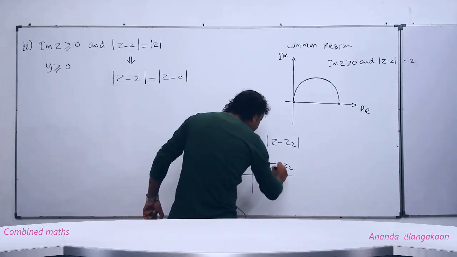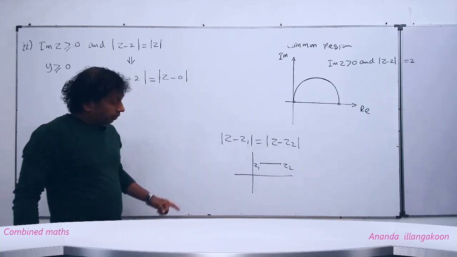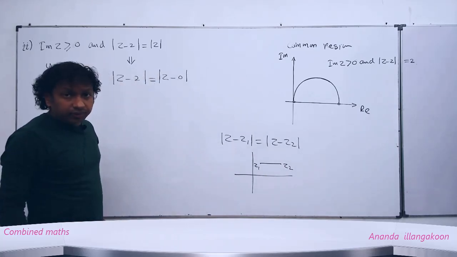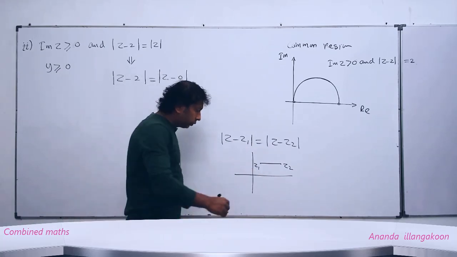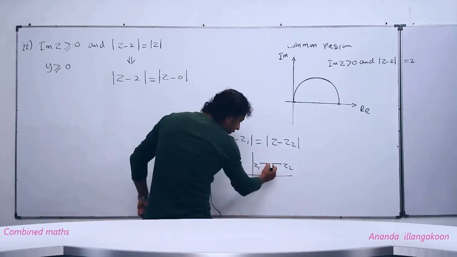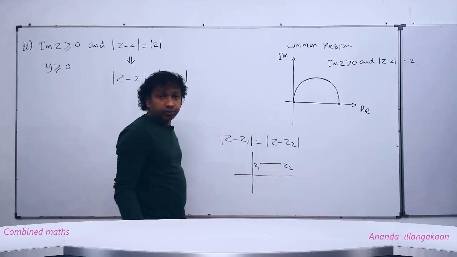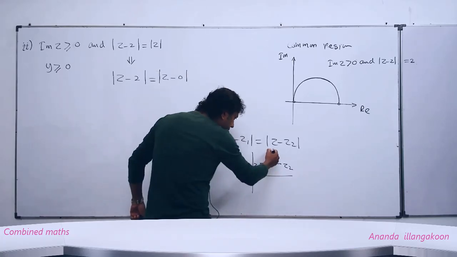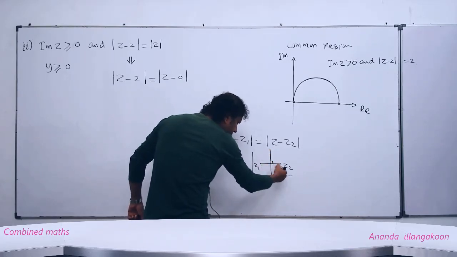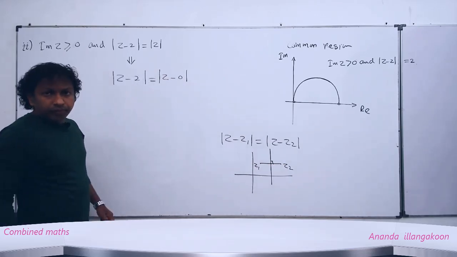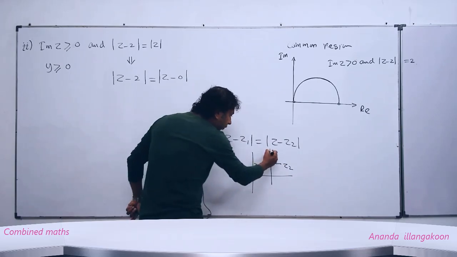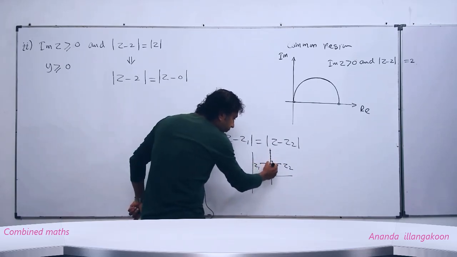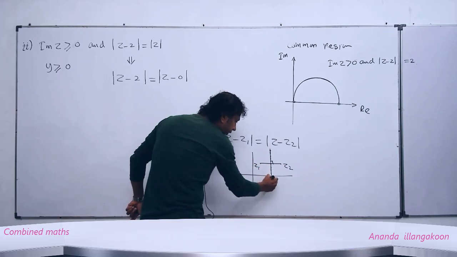When you join z1 and z2 by a line, we get the z1 z2 line segment. Then through the midpoint of this line segment, we draw a straight line perpendicular to it. Then z means any complex number on this line. We identified this path in the theory class.